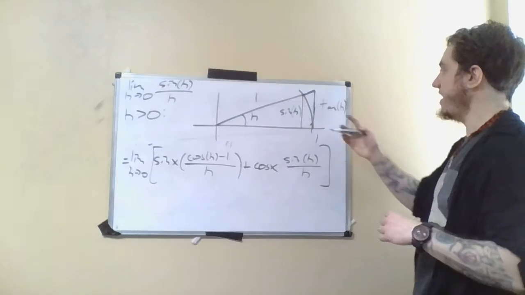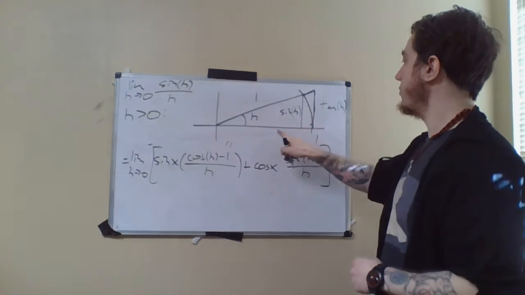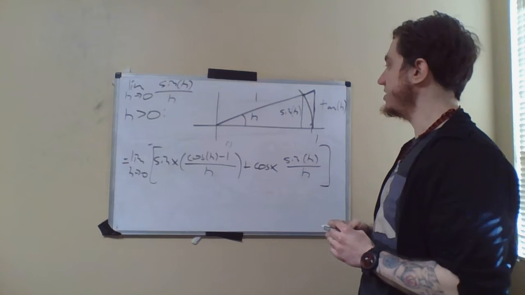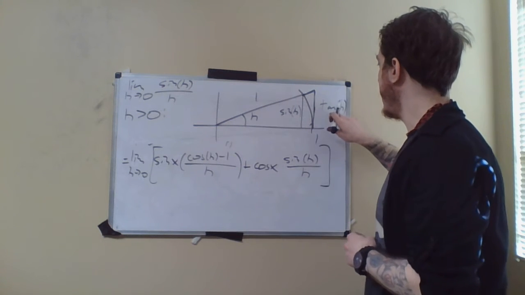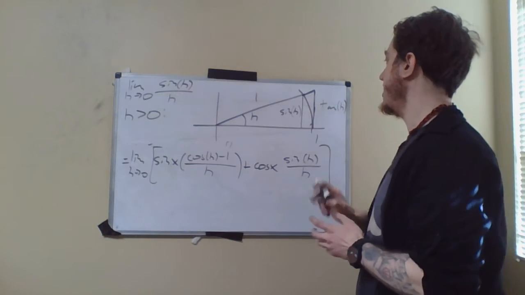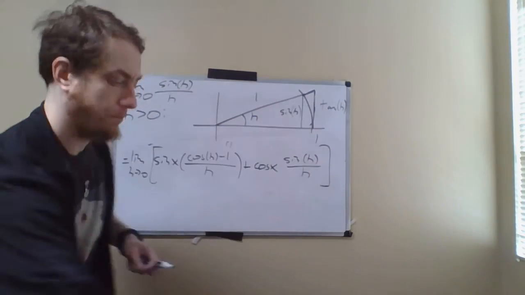Why is it the tangent of h? Well, it's the opposite over the adjacent, and so if the adjacent side is equal to 1, then this is just 1 times tangent of h, so this height is tangent h.